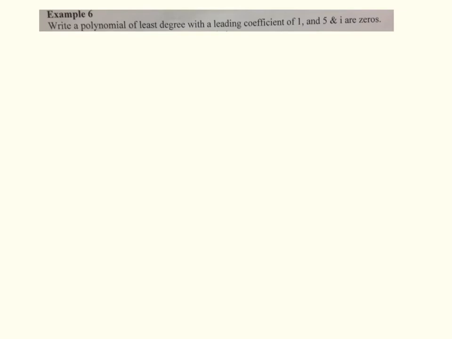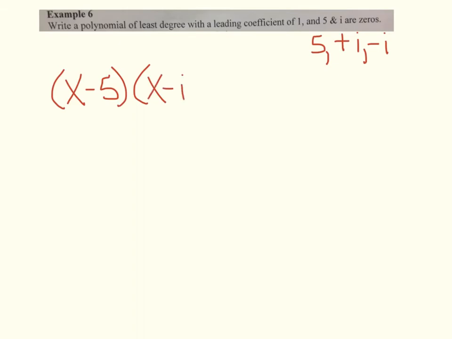So if i is a 0, the conjugate of i has to be a 0, because our imaginaries always come in pairs. So it's going to be 5, plus i, and minus i. So our factors will be x minus 5, x minus i, and x plus i.